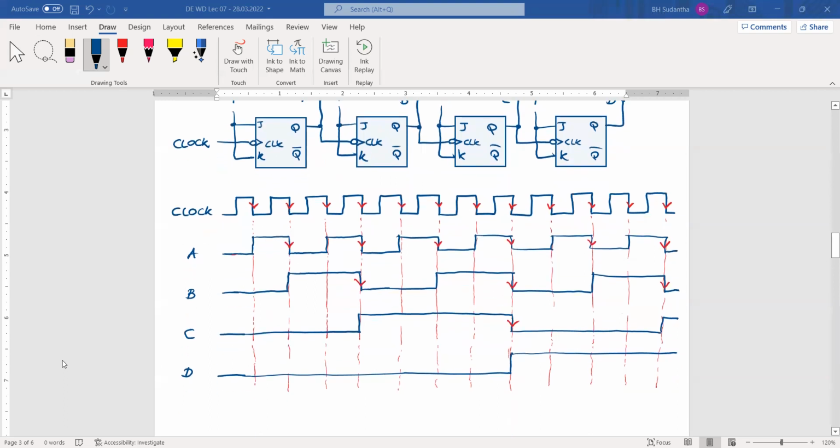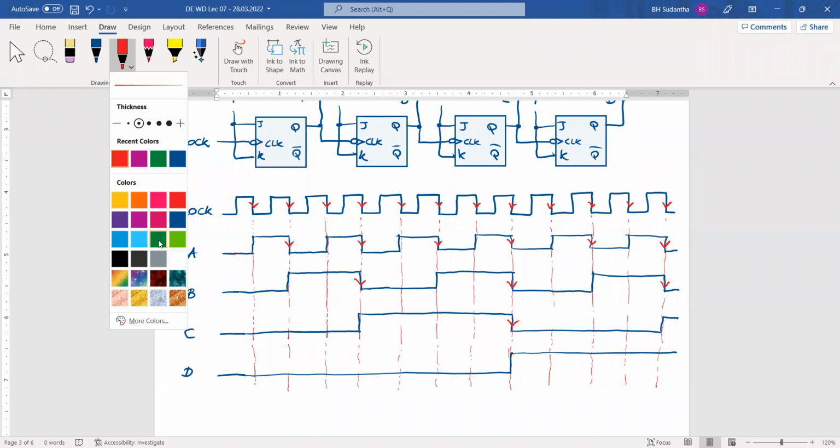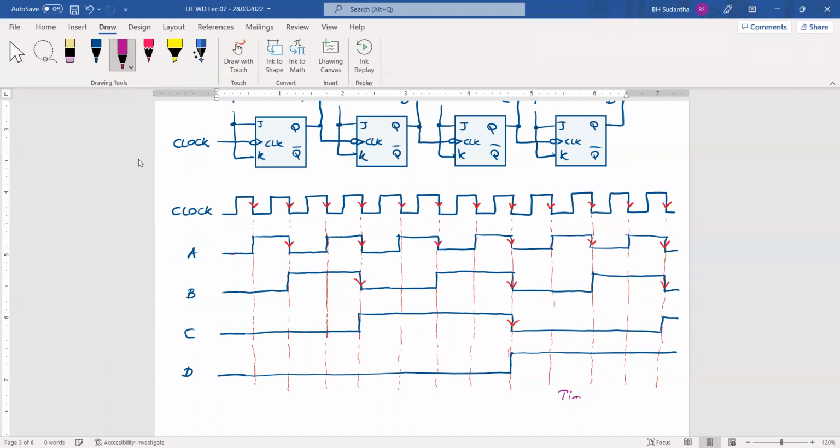Okay, if you're okay with these diagrams, shall we put values on these waveforms? Actually, these are timing diagrams. We call these the timing diagrams of output A, B, C, D. Shall we put values there?